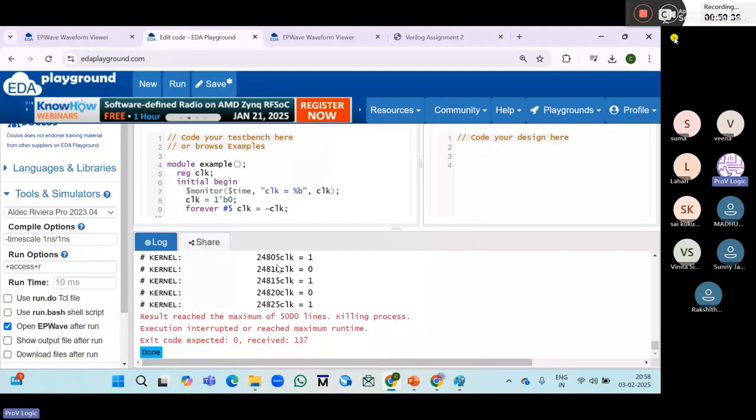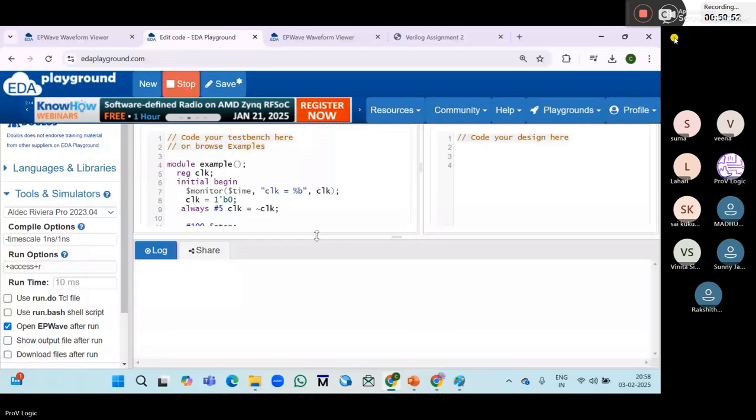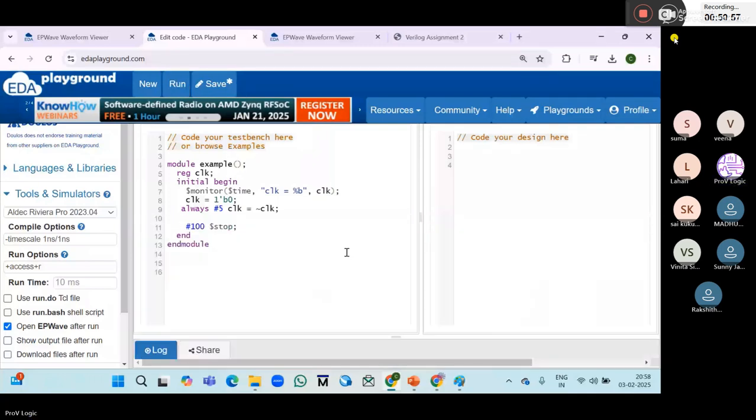Okay, I will check this thing later. Always. Okay, within the initial block, we cannot write the always block.